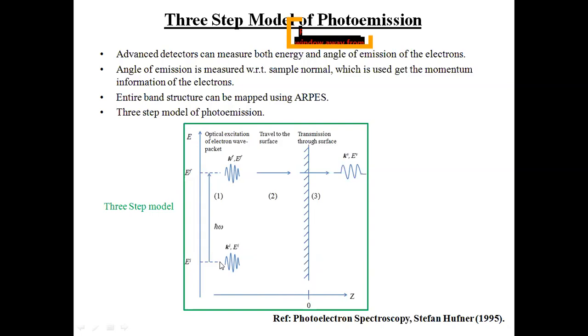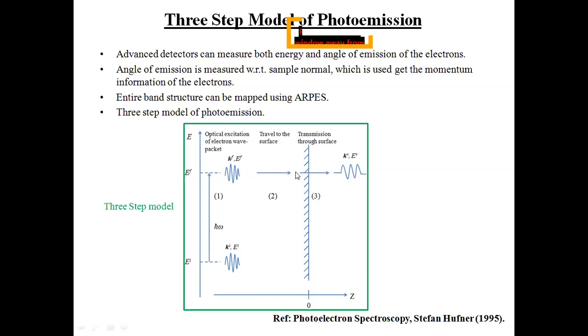Initially, when there is no photon falling on the sample, the electron wave packet is in a state where its momentum is Ki and energy is Ei. In the first step, it absorbs the photon and goes to a state where it has energy EF and momentum KF. This is the first step, which is known as optical excitation of the electron wave packet.